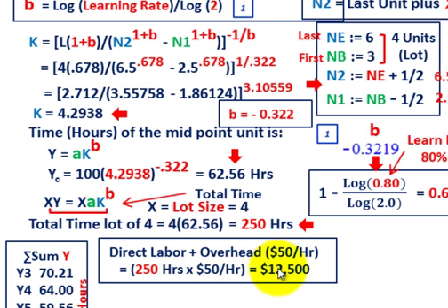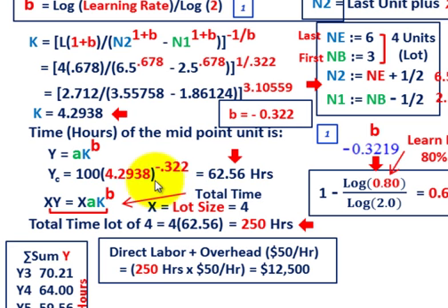That's a cost of $12,500 for that lot size of 4. That was the cost to build those 4 additional units. We had 2 units already, so we're building units 3, 4, 5, and 6, using this incremental unit time learning model. Okay, so that's our arithmetic here.